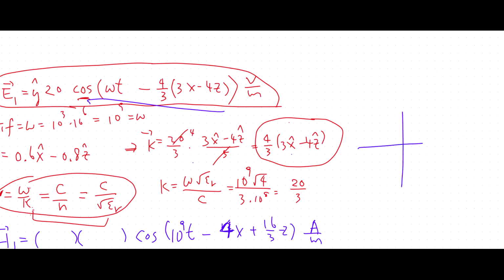Where is my y? Positive y, in or out? So 3x, 3 units on the x, minus 4. So this is my k, right? A 3-4 ratio.